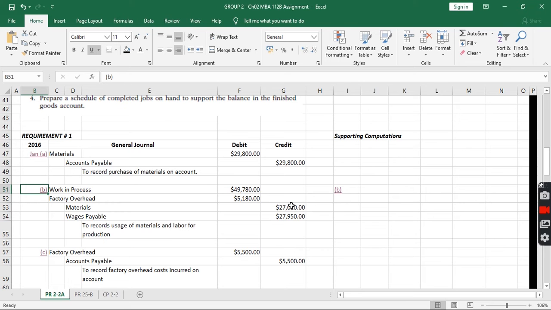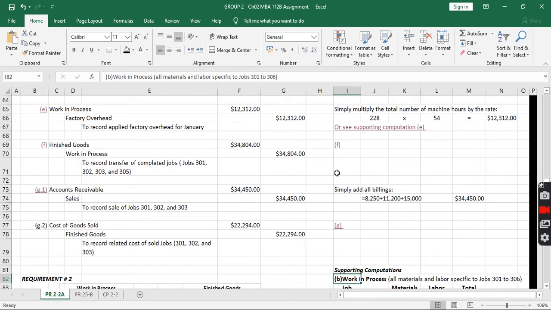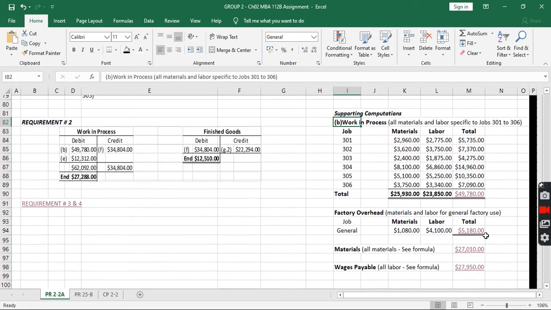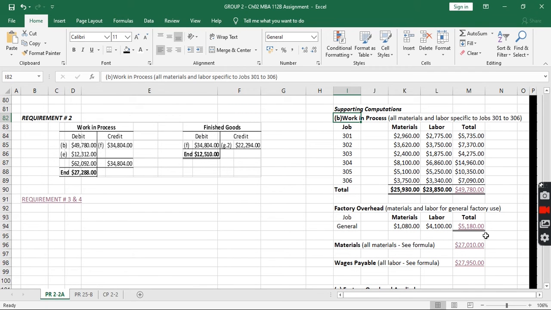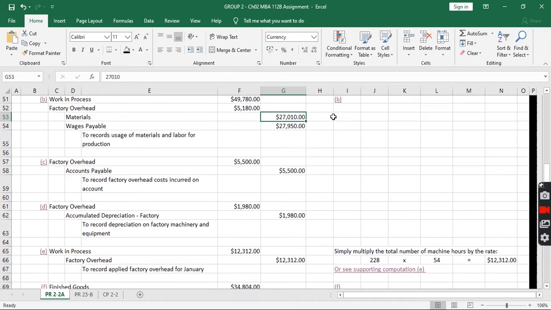We have entries for work in process, factory overhead, and materials and wages payable. So to know the specifics of the calculation, let's see our supporting computations. As indicated above, our materials should total 27,010. So this should be our credit to our materials, which is correct.